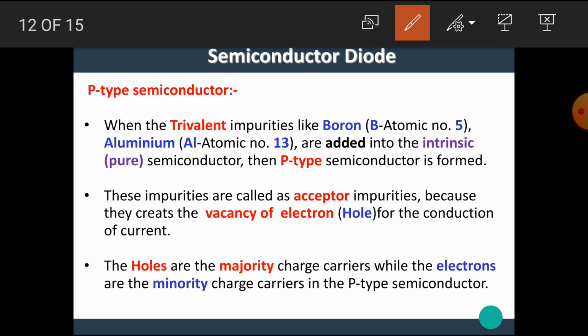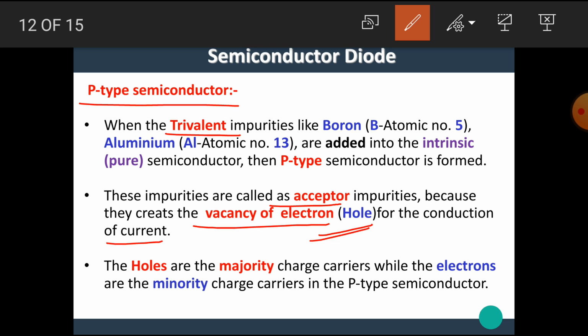Let's see. When trivalent impurities are added into the intrinsic semiconductor material, then the p-type semiconductor material is formed. These impurities are called acceptor impurities because they create a vacancy of electron, which is also called a hole, for the conduction of current.